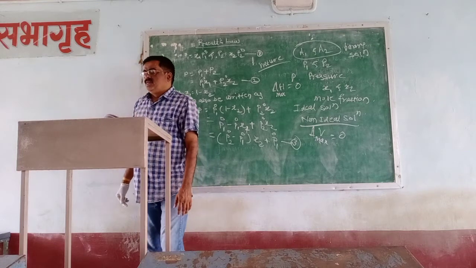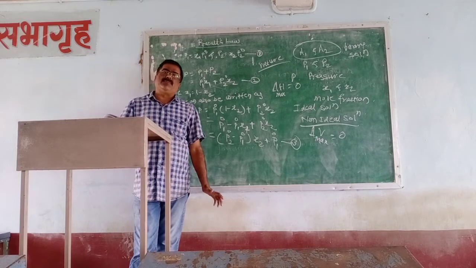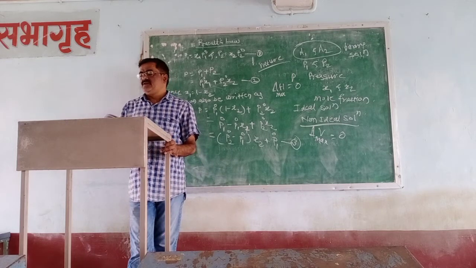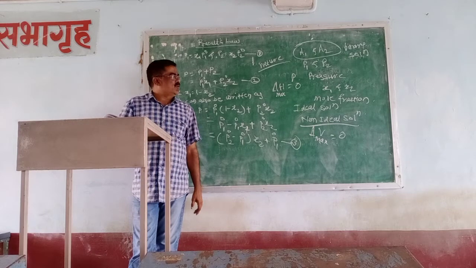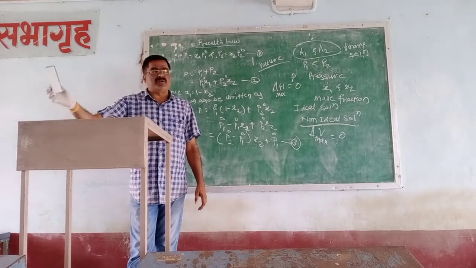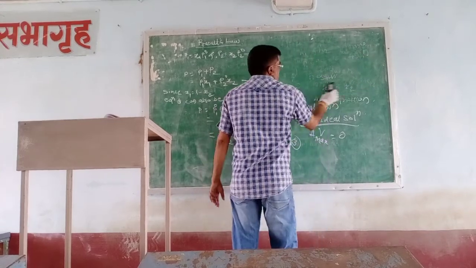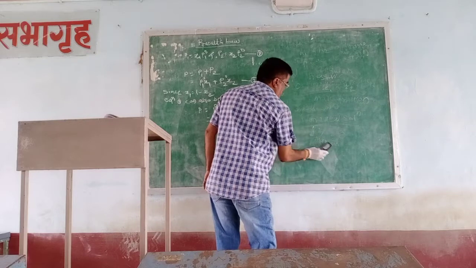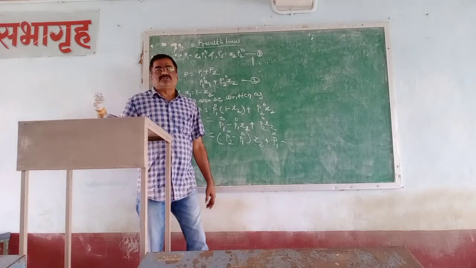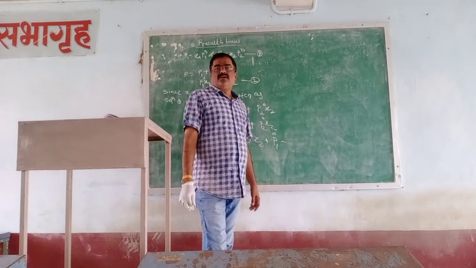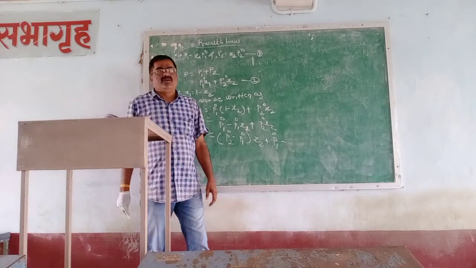These are lowering of vapor pressure, elevation of boiling point, depression of freezing point, and osmotic pressure. So which are the colligative properties? In these properties, the value depends on the number of particles, but they are not dependent on the nature of the particles. Such properties are called colligative properties.